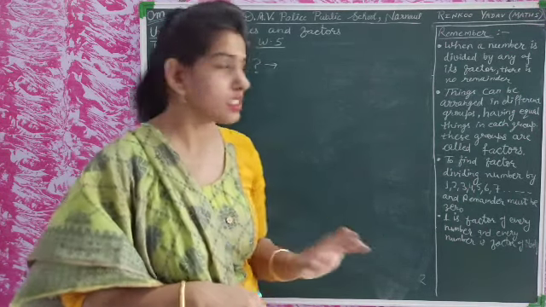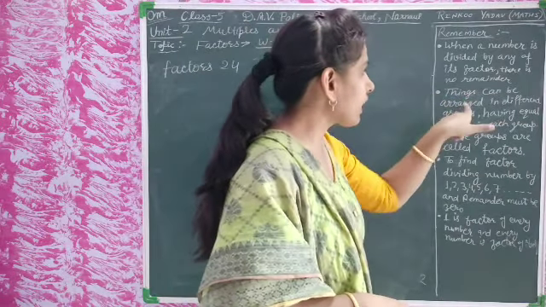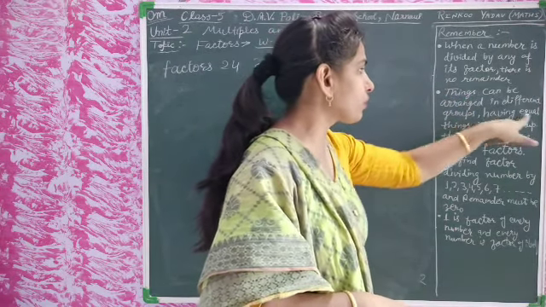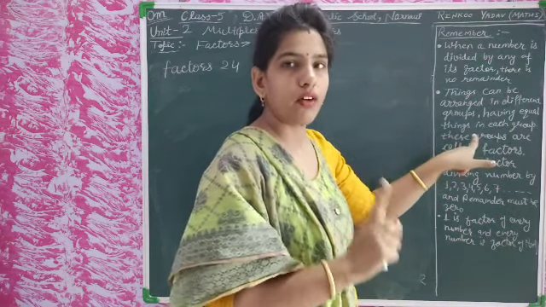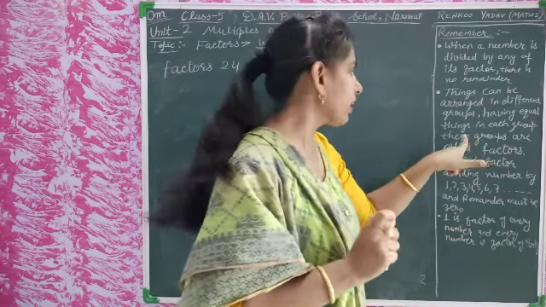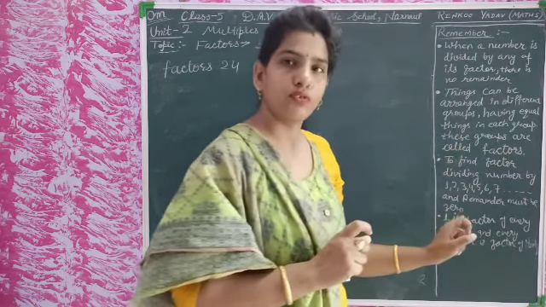Is it clear, students? Things can be arranged in different groups having equal things in each group. In each group, every number is the same. These groups are called factors.